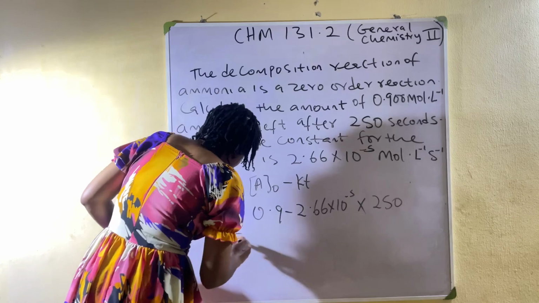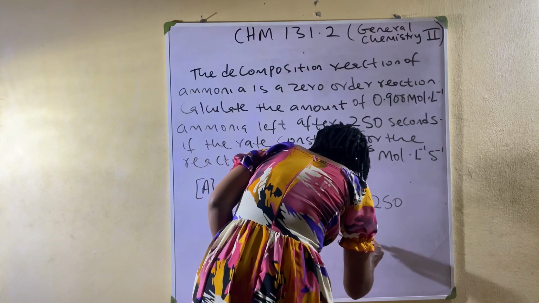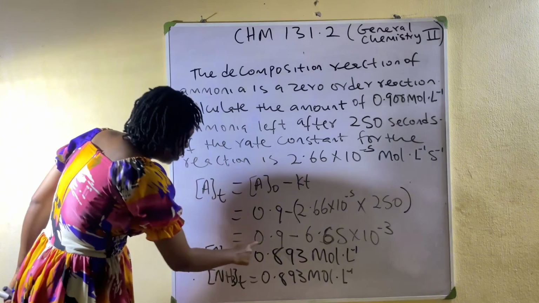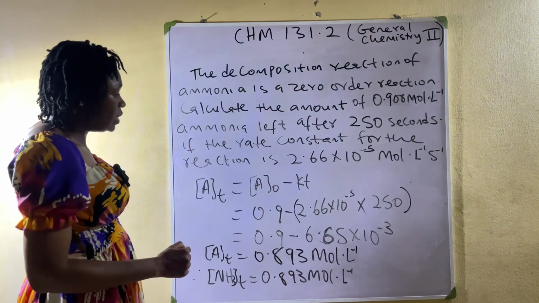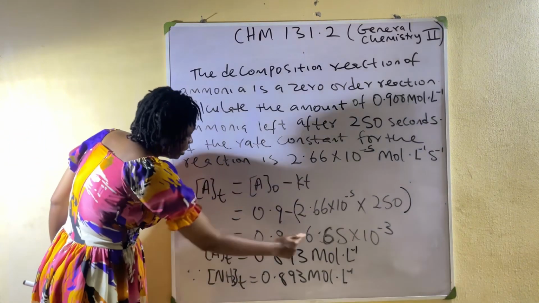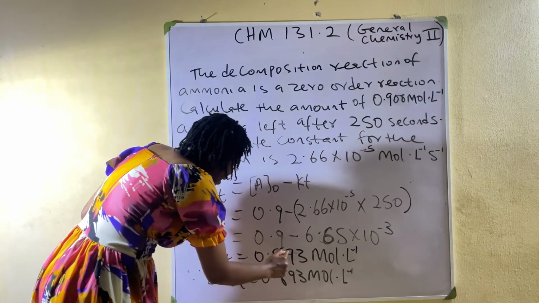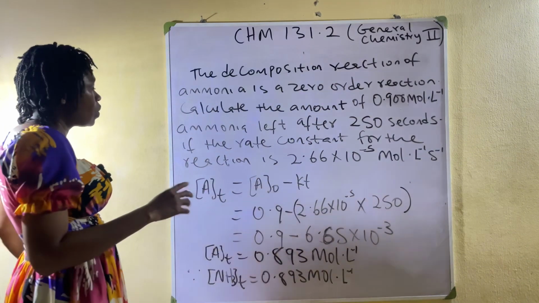Okay, so KT is 6.65 times 10 raised to the power minus 3. So 0.9 minus 6.65 times 10 raised to the power minus 3. When you subtract, it will give you 0.893 mole per liter. So what should be the unit of concentration?